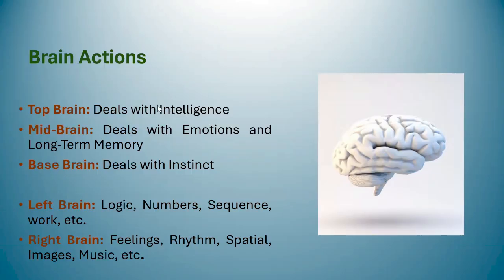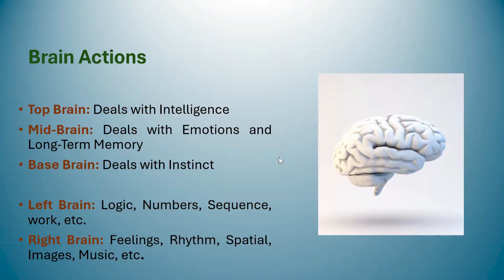Look at the brain actions. On the top, we say top brain. What does it do? It deals with intelligence. The top brain part you see. Look at the cursor. It deals with our intelligence. Midbrain deals with emotion and long-term memory. Midbrain in the center, you may see.